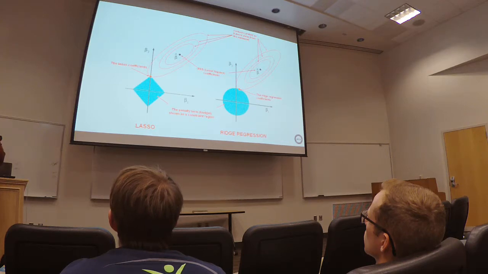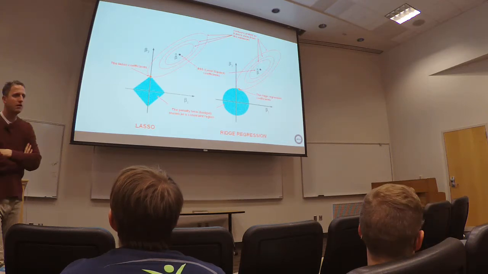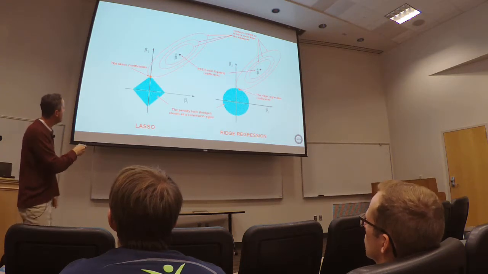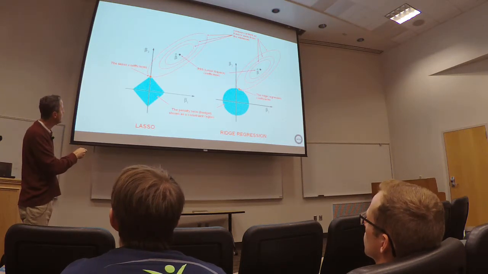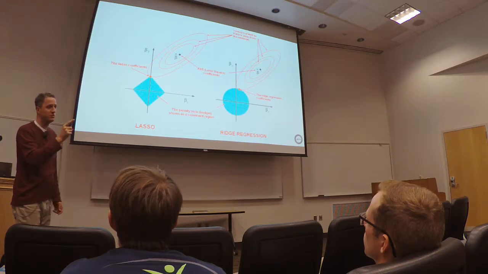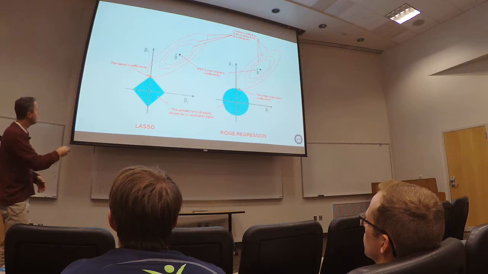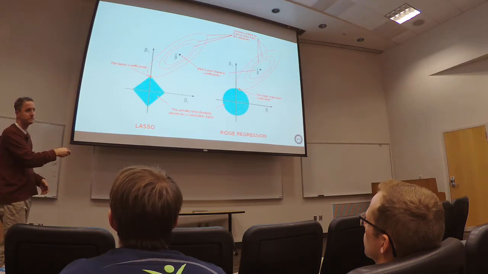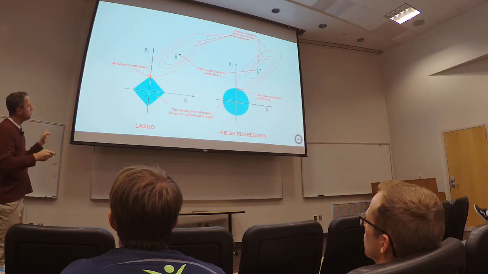Yeah, I kind of think of it in terms of Manhattan geometry. Manhattan distance, yeah, that's right. So this is tracing out a contour of equal cost. And when we're thinking about absolute values instead of squared values, the contours of equal cost look like this diamond thing.